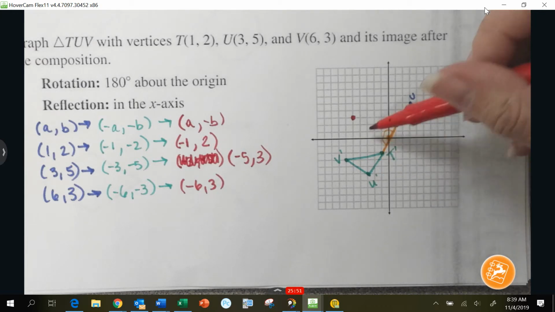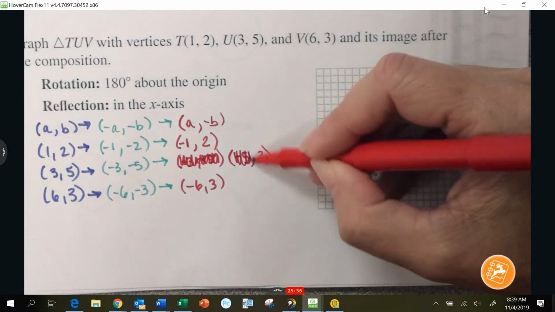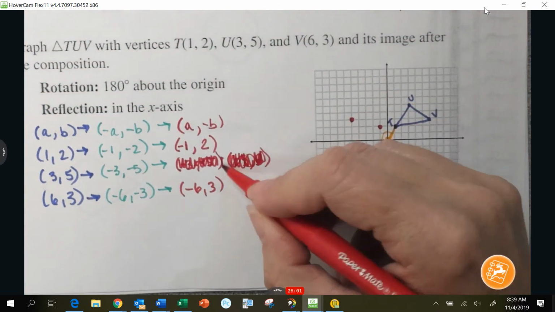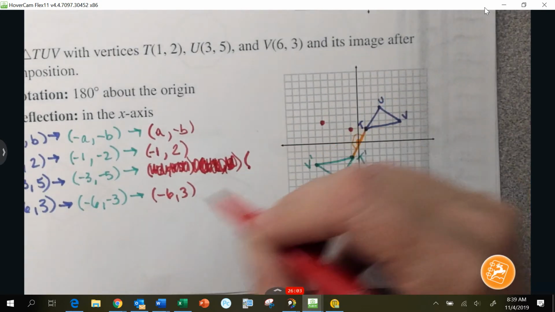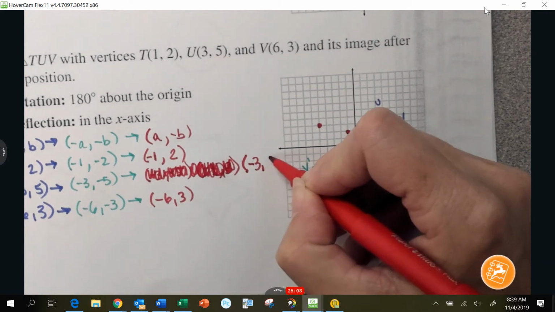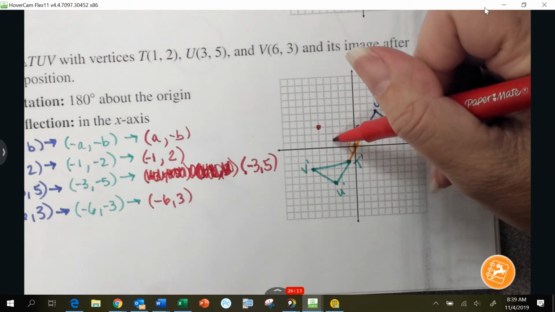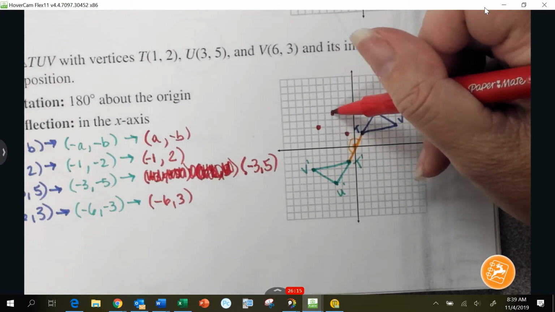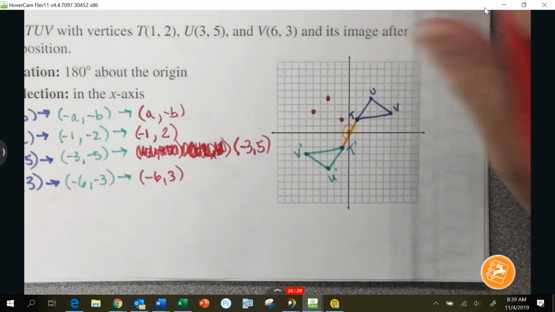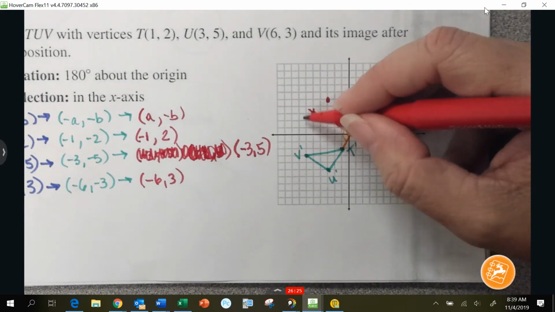Oh, I'm thinking about the wrong one. This one? I keep feeling like I'm messing it up. I'm supposed to keep the same A. Yeah, I don't know. I just kept feeling like I was messing it up, and then I had it right originally. Keep the same A, change the Y. I know what was going on in my head. I was for some reason thinking I had to flip this one, but it's really the green one that's flipping. That's wrong. Okay. And then -6, 3.